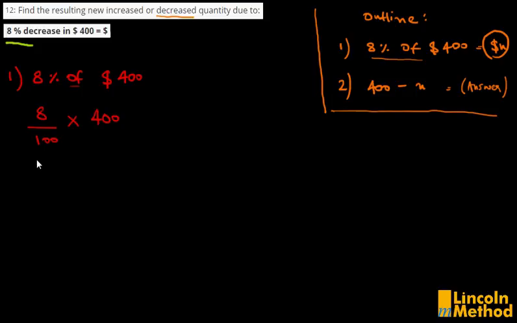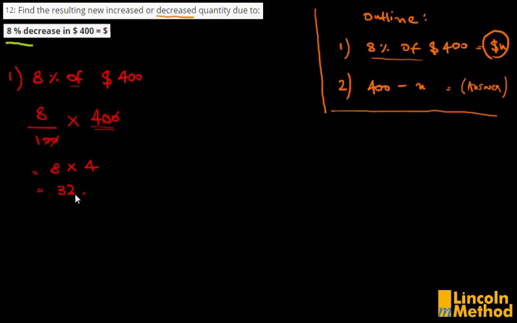Now what this means is that we're supposed to find 8 out of 100 parts of this amount. So let's cancel out the zeros and we're left with 8 over 1 multiplied by 4, which is the same thing as 8 multiplied by 4, since 1 in the denominator does not hold any value. 8 multiplied by 4, this is easy. 8 multiplied by 4 gives us 32.